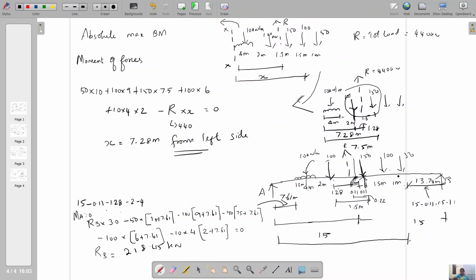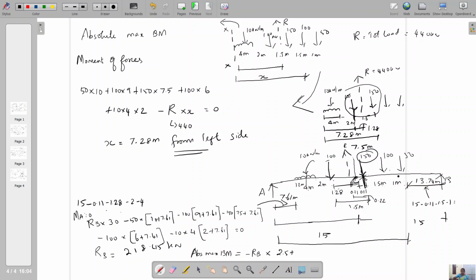We need the bending moment under the critical load. Our 150 kilonewton is the critical load. So RB into this distance minus these two loads and their consecutive perpendicular distances will give the absolute maximum bending moment. I am considering RB as negative because of the sign convention: minus RB into the distance between RB and the critical load, which is 1.5 plus 1 plus 13.74.